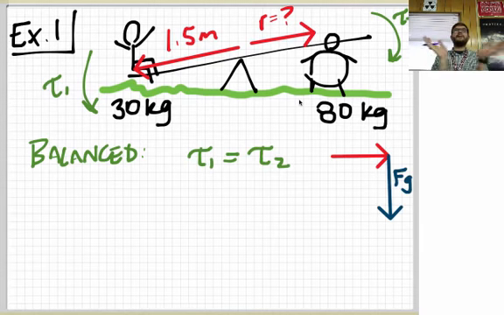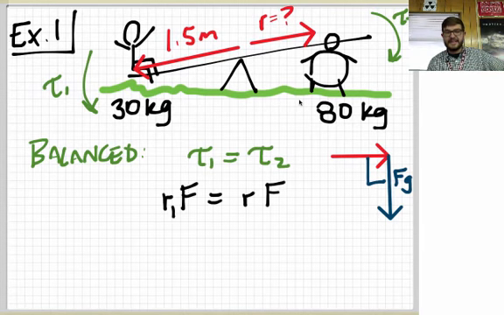When we are balanced, gravity pulls straight down, which means we have a 90-degree angle, so we don't have to worry about the sign of the angle this time, because the sine of 90 is just 1. So I have R F1 equals R F2.